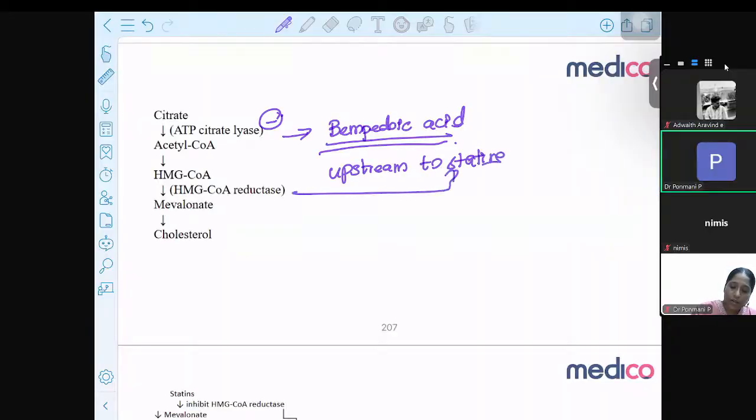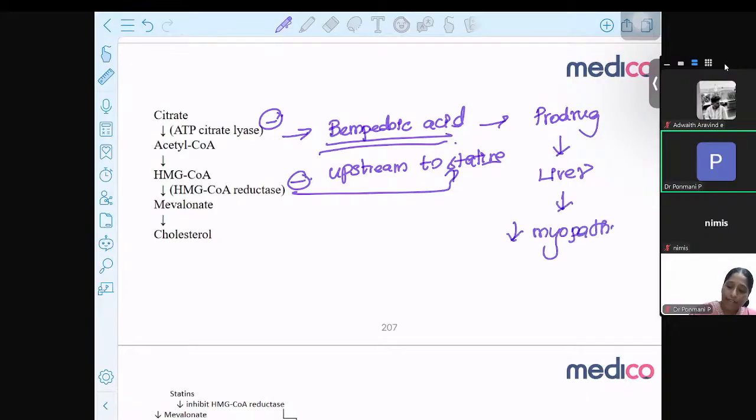Statins are going to inhibit the HMG-CoA reductase enzyme. What is the advantage of bempedoic acid? It is a prodrug. It gets activated only in the liver, and hence there is less chance of myopathy. Whom can it be given to? It can be given to patients in whom statins are not working. This is about bempedoic acid.